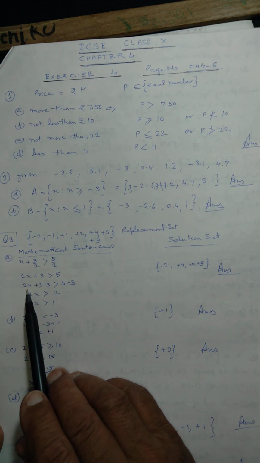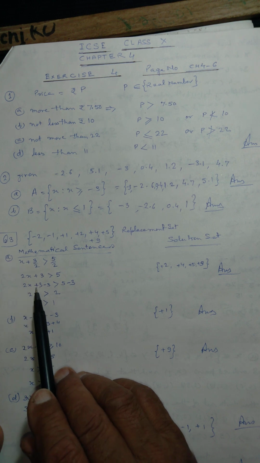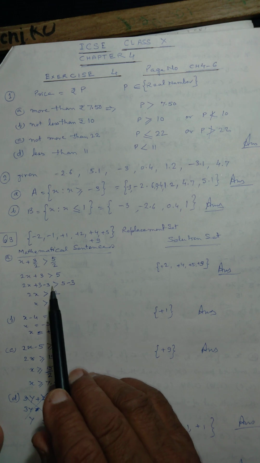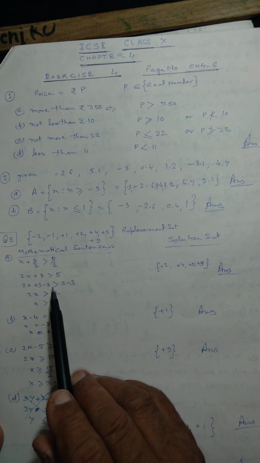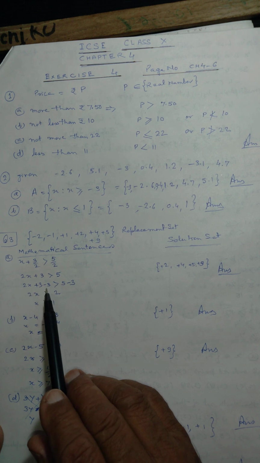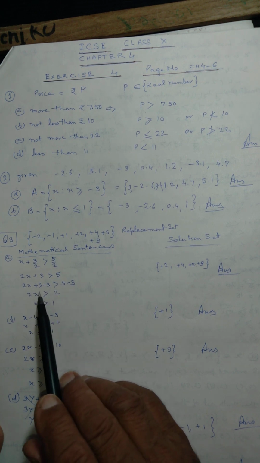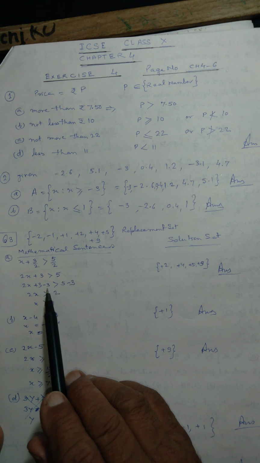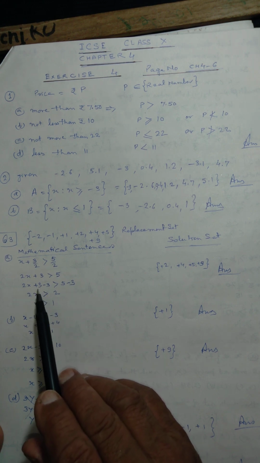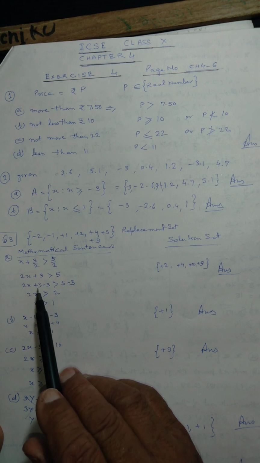Again, 2x plus 3 minus 3, 5 minus 3. The greater than sign is there, the sign of inequality remains as it is. Here minus 3 is added to both the sides. Why have I added it? To cancel this 3.